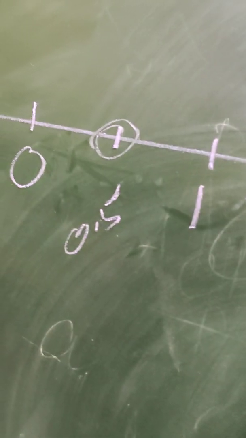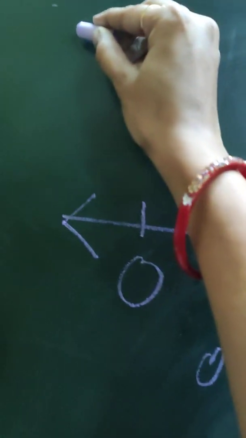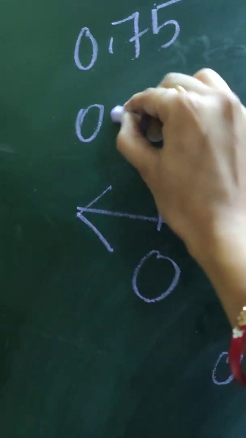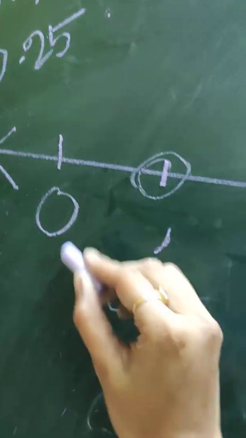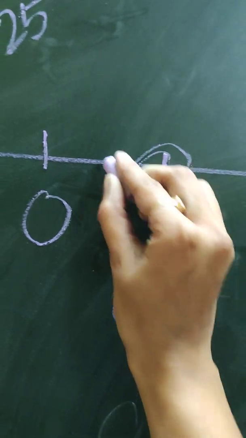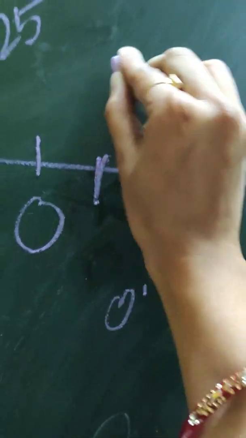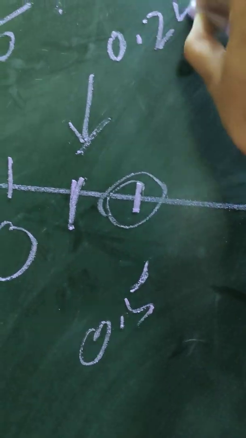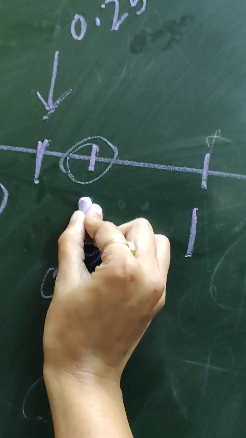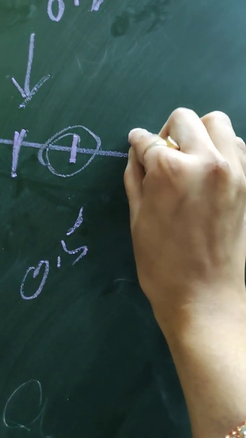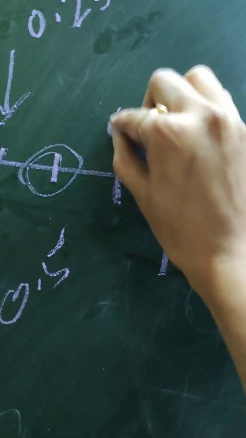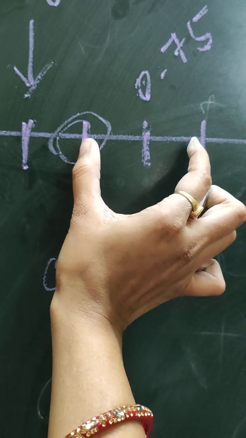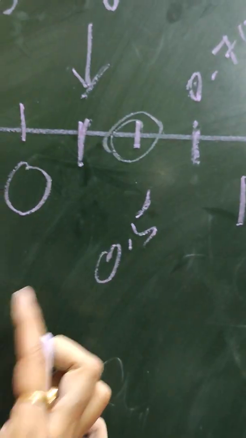Now if I have to mark points like 0.75 and 0.25, then exactly between 0 and 0.5 you will get another point which is known as 0.25. Between 0.5 and 1, again it will give you 0.75.